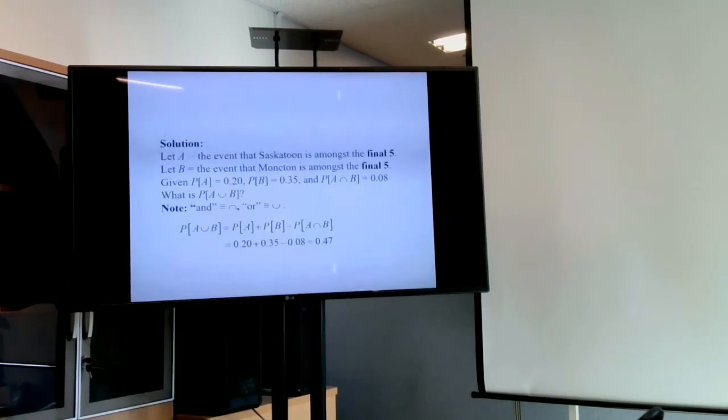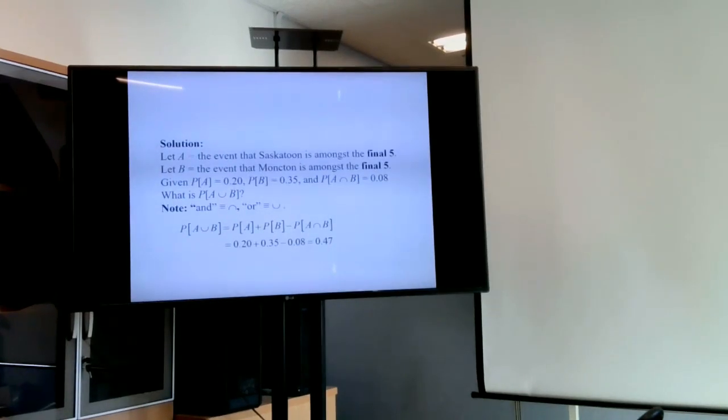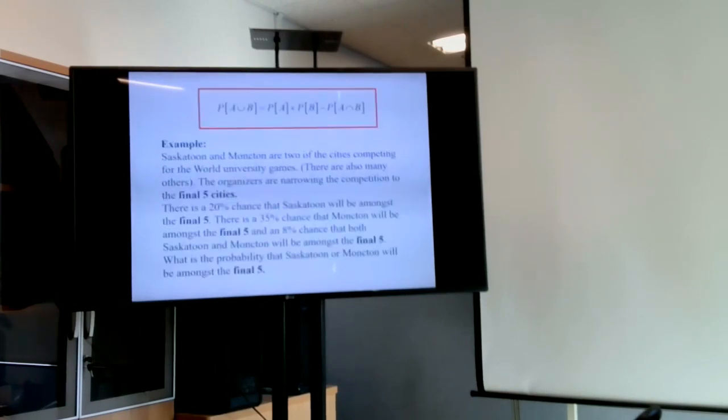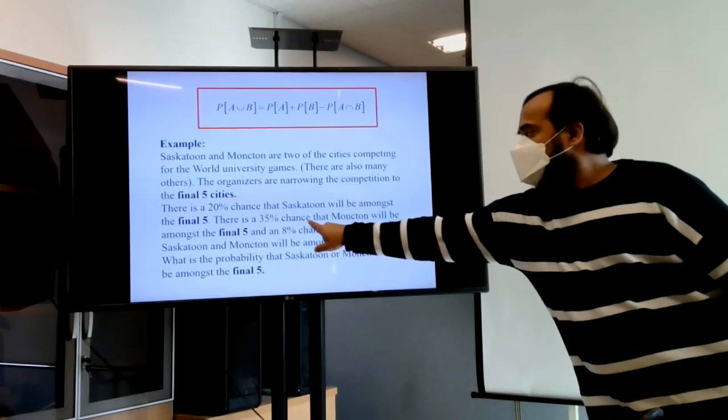Suppose there are 2 events: let A be the event that Saskatoon is amongst the final 5, and let B be the event that Mactan is amongst the final 5. It's 20% for this city and 35% for this city.